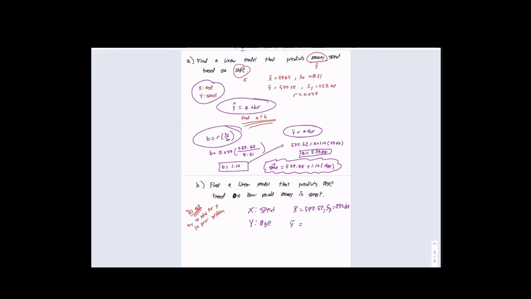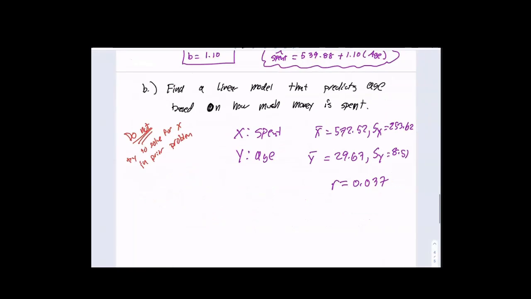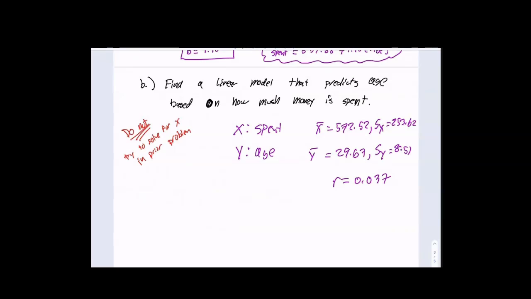Y bar is now 29.67 and sy is now 8.51, with r still being 0.037. So x's and y's switched places, and now my x bar and y bar are the opposite values.